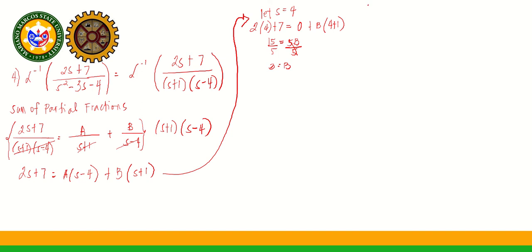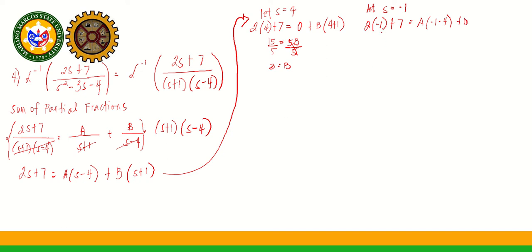Okay. Now, let s be equal to negative 1 so we can cancel yung variable B. So, substituting s with negative 1, this is equal to 2 times negative 1 plus 7 equal to A times negative 1 minus 4 plus 0. Since negative 1 plus 1 is 0.